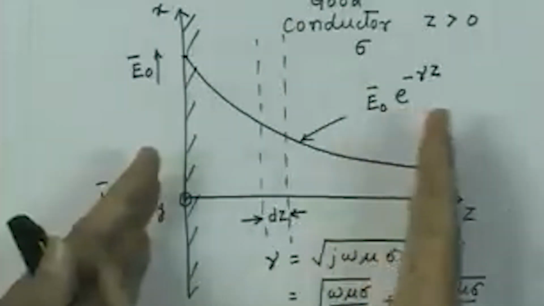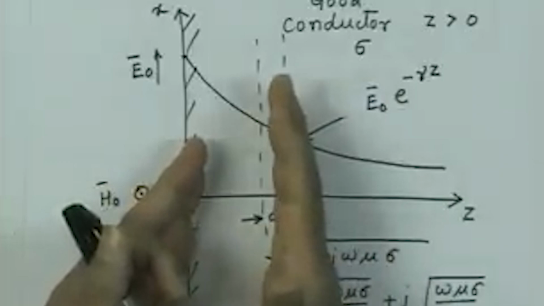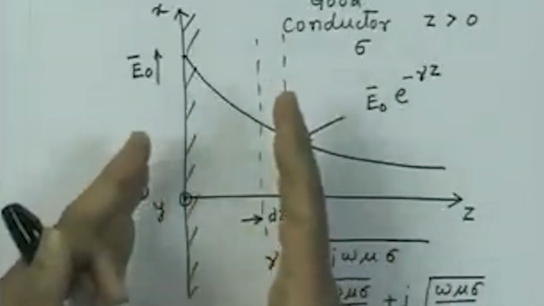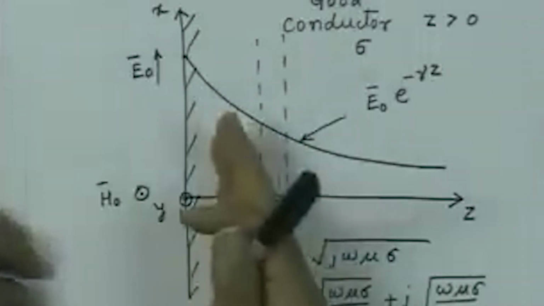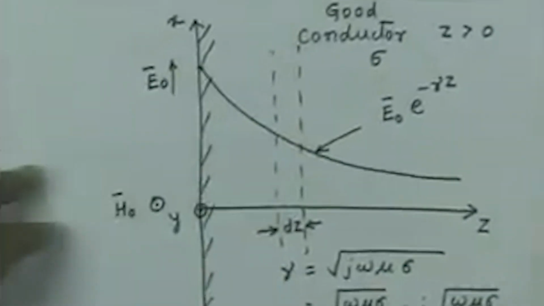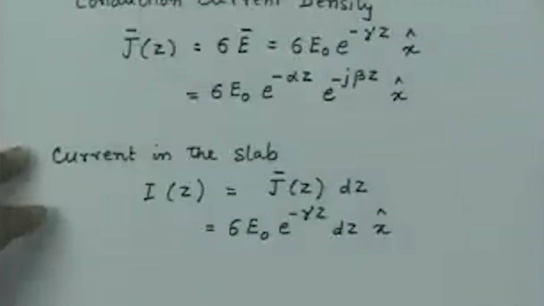So, effectively this current will be confined very close to the surface, but it is not truly confined to the surface. So, if we integrate this quantity in the z direction, we get that total current, and let us call that surface current to start with, and we will justify why we can still call it surface current.